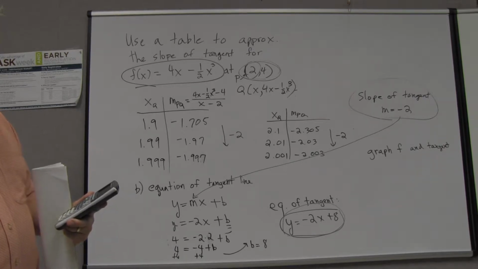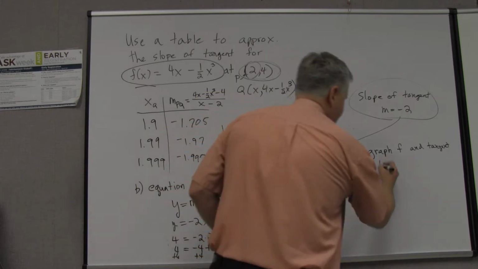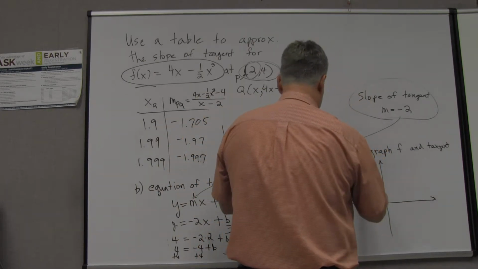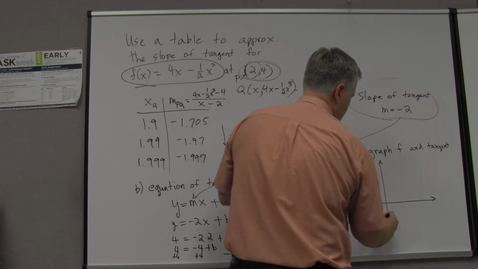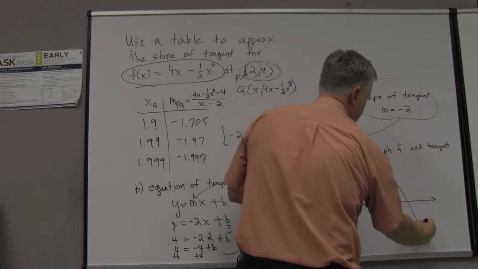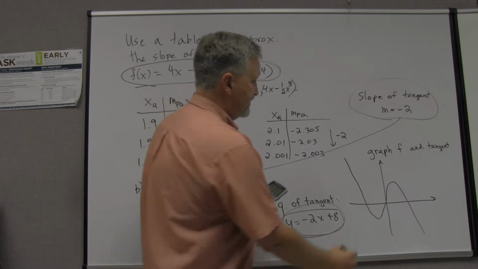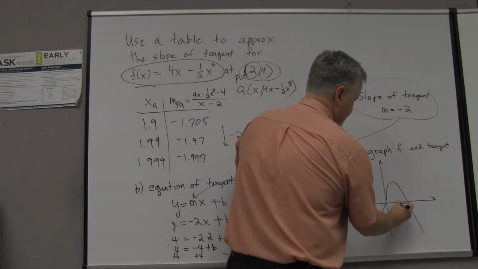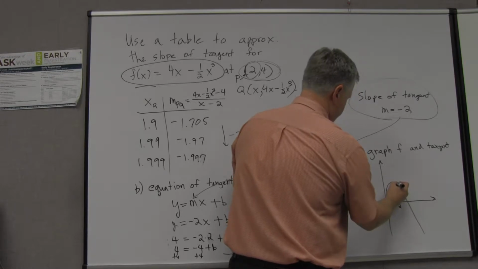Hey, that looks pretty good. Of course, the x cubed graph is one of those going up and down there. But then the line comes in, and yeah, it looks like it just comes right in at 2, 4 there, and it's a pretty good tangent.